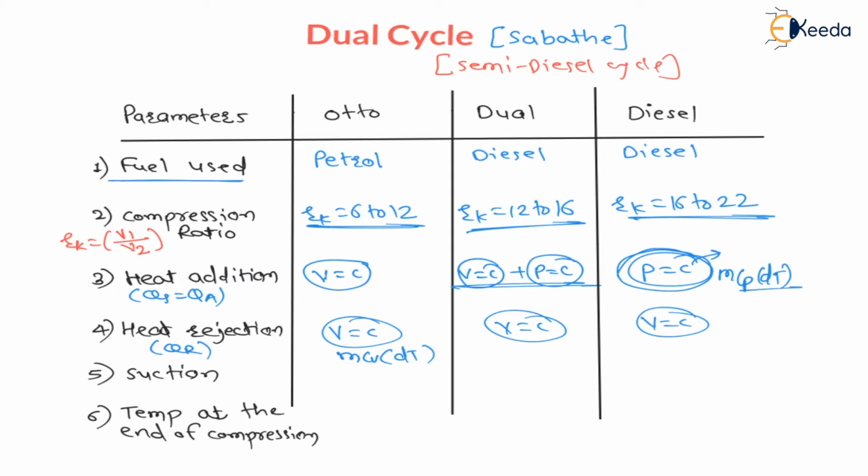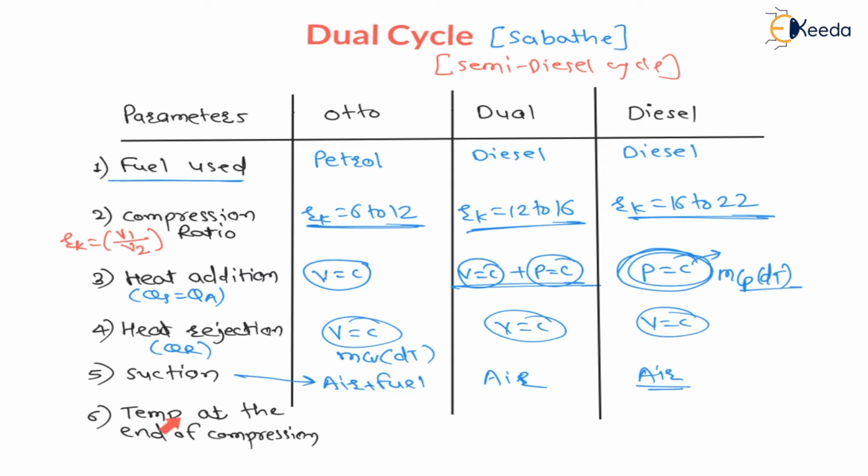For a constant pressure process, we use Cp, and for a constant volume process, we use Cv. Now, the next comparison is suction. During the suction stroke for the Otto cycle, an air plus fuel mixture is taken in the cylinder, and for the dual as well as diesel cycle, only air is taken in.